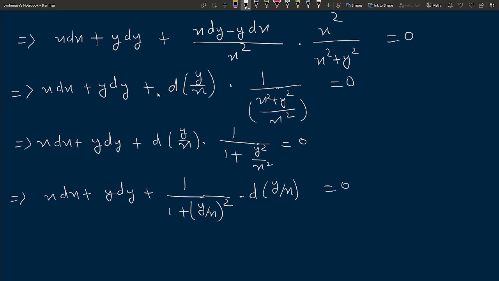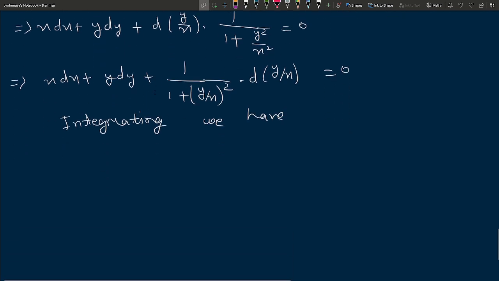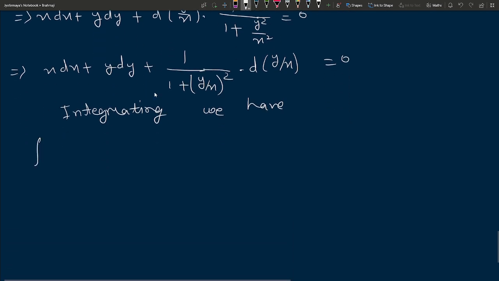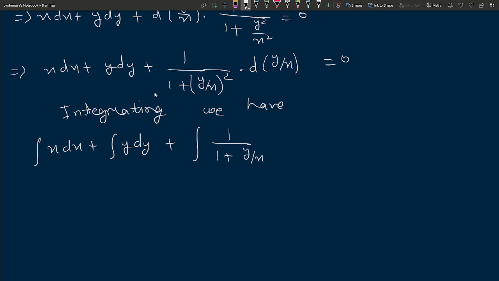So now integrating, we have integration x dx plus integration y dy plus integration 1 by (1 plus (y by x) square) into d of y by x equals 0, integration plus c.